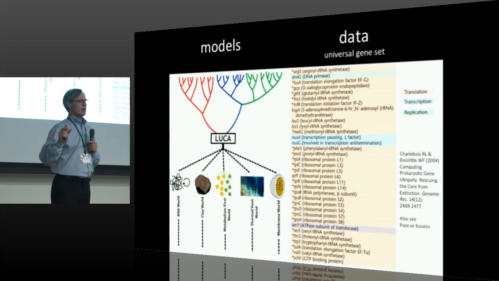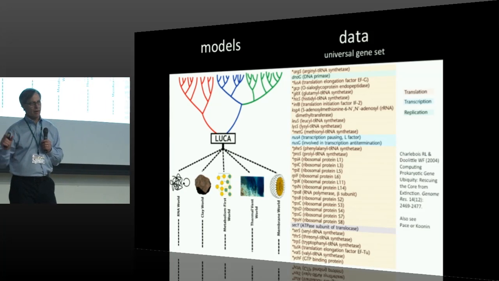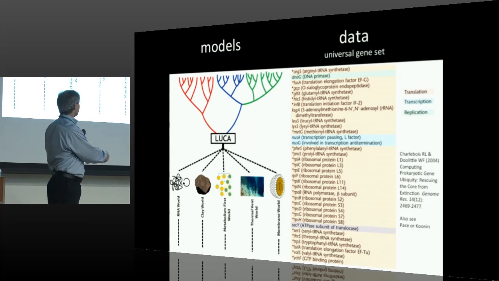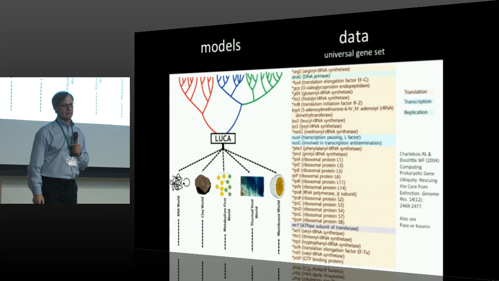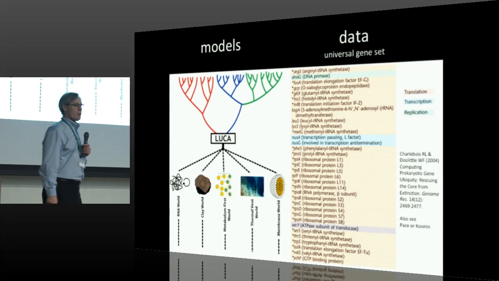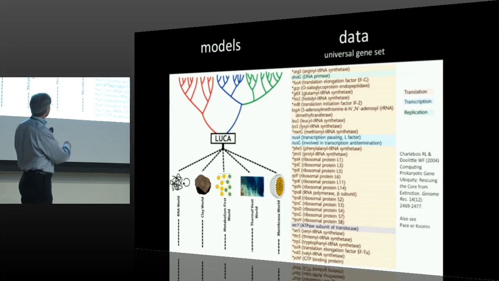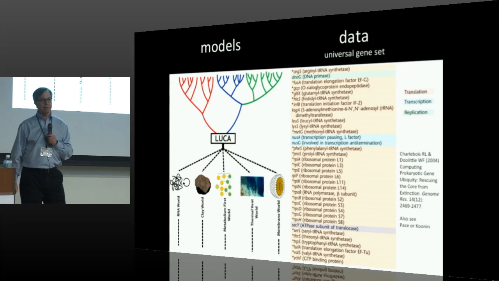These are basically genes whose orthologs you can find in everything alive. So this is universal biology. Everything has this. The first thing about it is it's a very small list. It doesn't have very many genes on it. It depends on whose version you have, but it has between 30 to 50 genes.